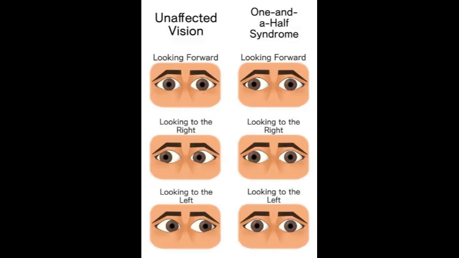The affected eye will not be able to move in any horizontal direction of gaze, but the unaffected eye will be able to only abduct but will not be able to adduct, due to the fact that the medial rectus cannot receive signals from the opposite abducens nerve. So we call that one and a half syndrome because the affected eye is totally affected, so that's one, while the unaffected eye is affected only partially because it cannot adduct. That's half.